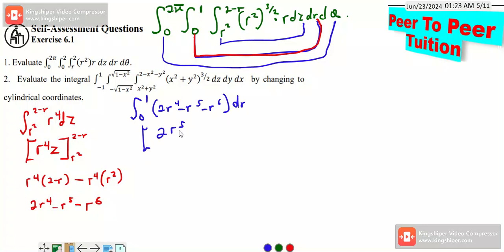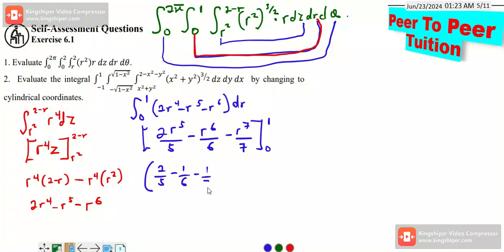So it means that here is going to be 2r exponent 5 over 5, then minus r exponent 6 over 6, then minus r exponent 7 over 7. I am integrating this from 0 to 1. By putting in the values, I'm putting in 1, so I'll get 2 over 5, minus 1 over 6, then minus 1 over 7.